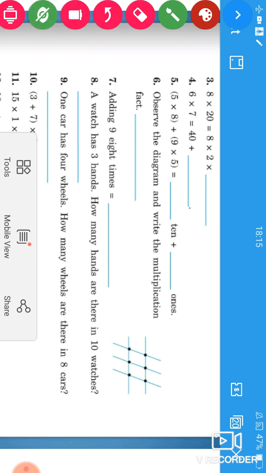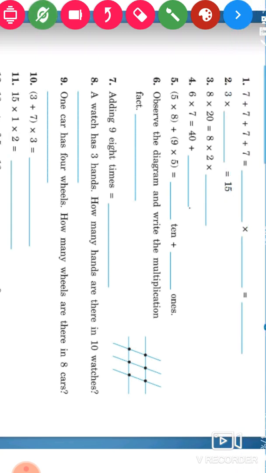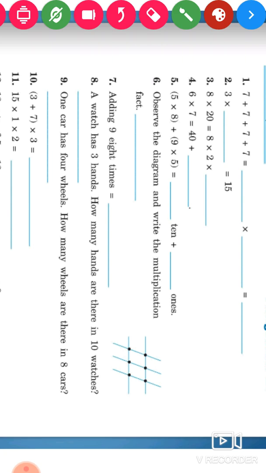Okay, so kids, 5 into 8. 5 into 8 will give us 40. And 9 into 5 will give us, 9 fives are 45.